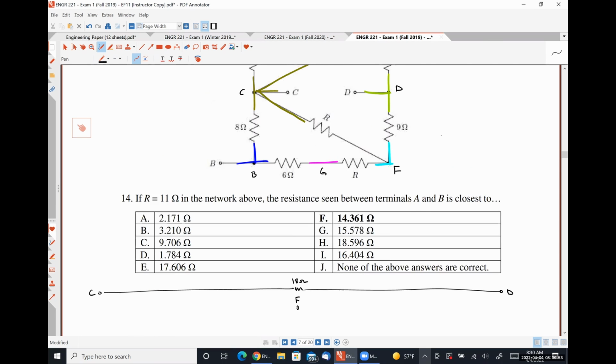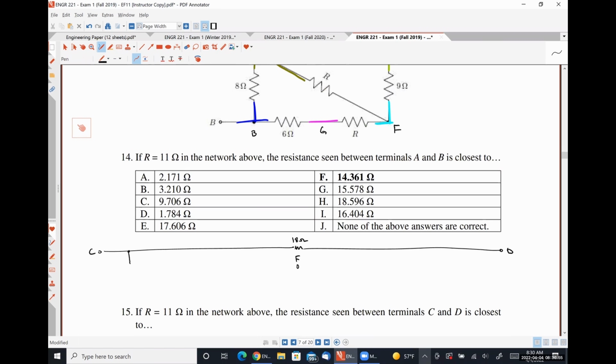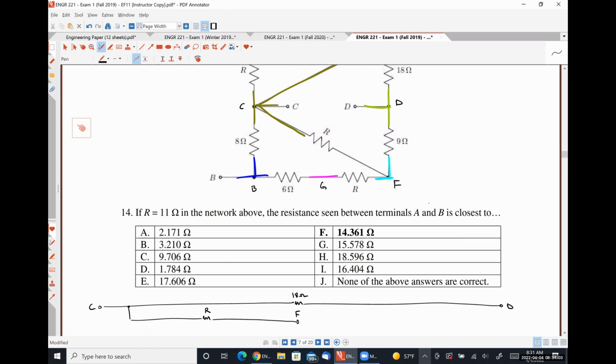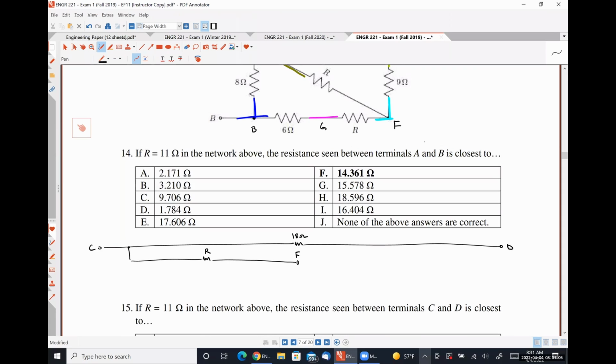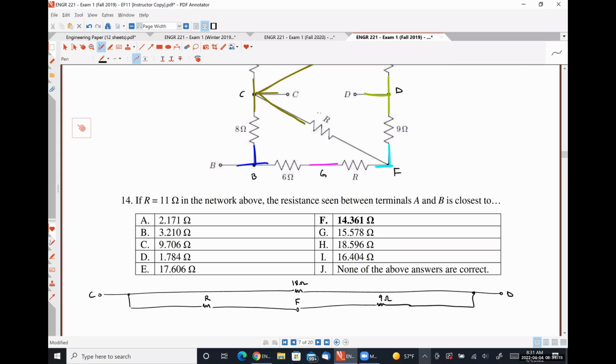So C to F is through resistor R. From F to D is through the 9 ohm resistor. So that takes care of this guy and this guy.